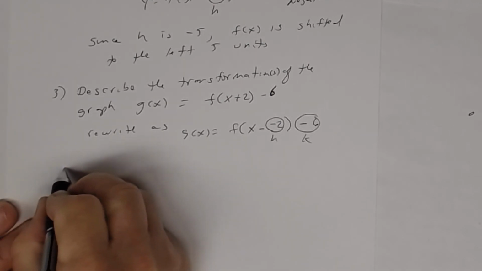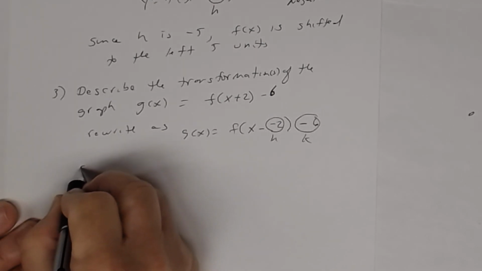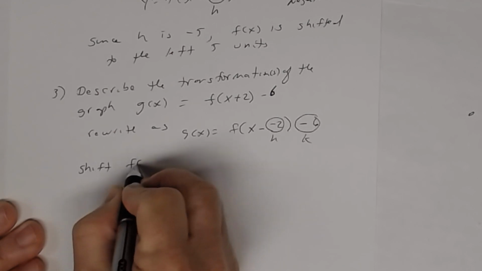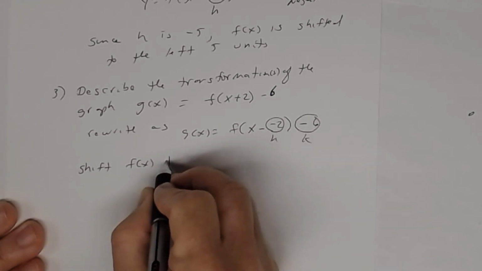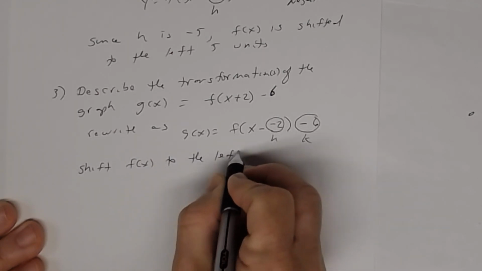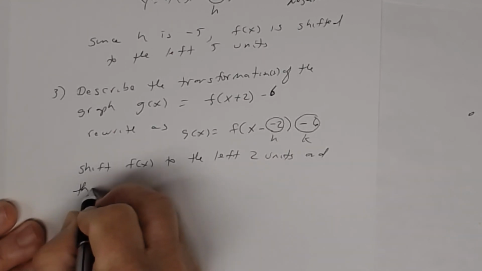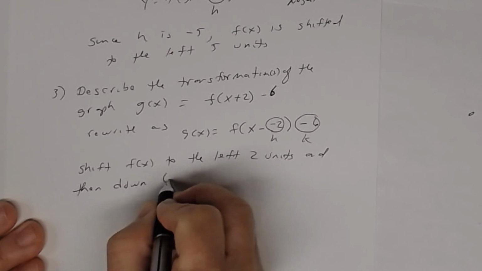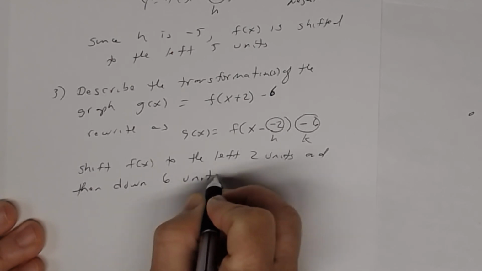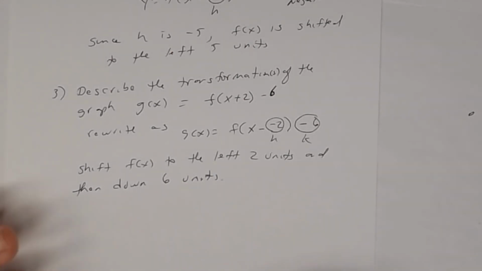So we're going to say shift f of x to the left 2 units and then down 6 units. Okay? And that's all that is. It's a very simple process.